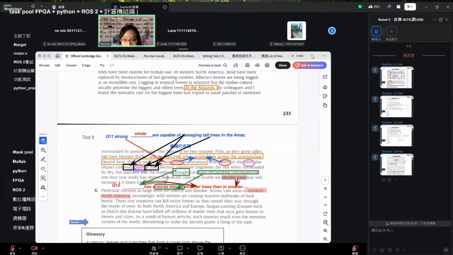Bark beetle. Okay, the bark beetle should be the answer because it was referring to causing big trees, destroy many big trees, in Western North America. Something, a species of. Bark beetle.